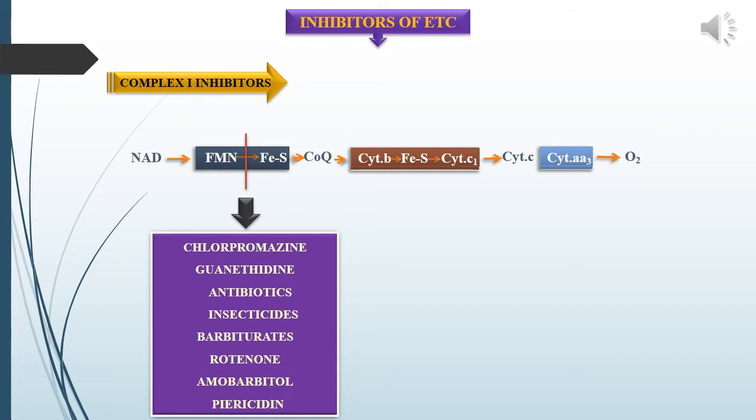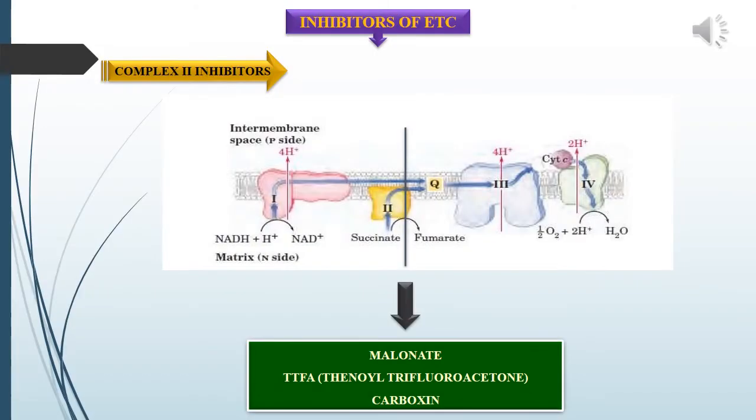These are the drugs that inhibit complex 1. What will be the complex 2 inhibitors of ETC? They are malonate, TTFA and carboxin, where TTFA is thenoyltrifluoroacetone. These 3 will inhibit complex 2 in the ETC.